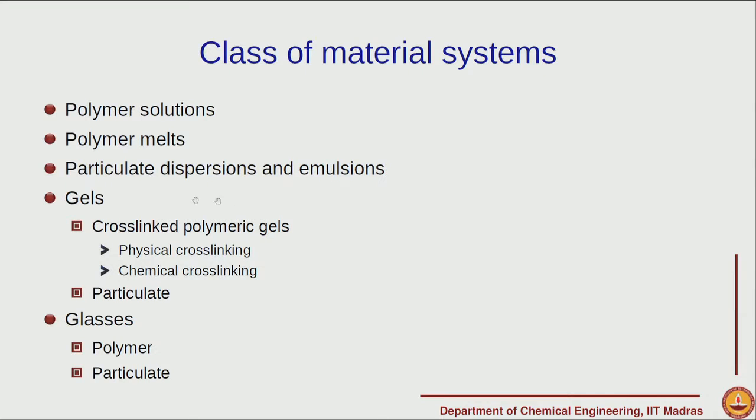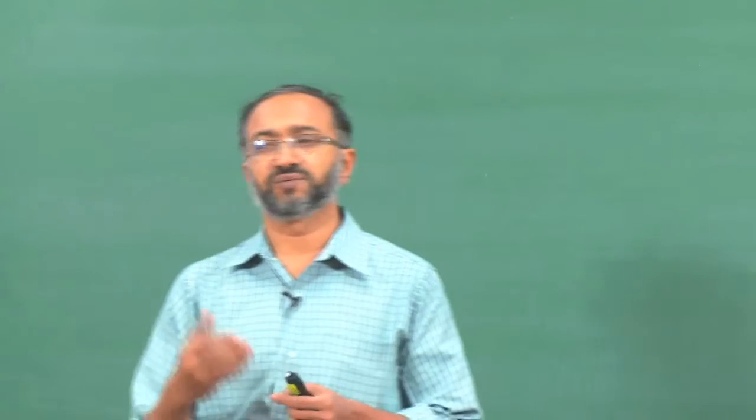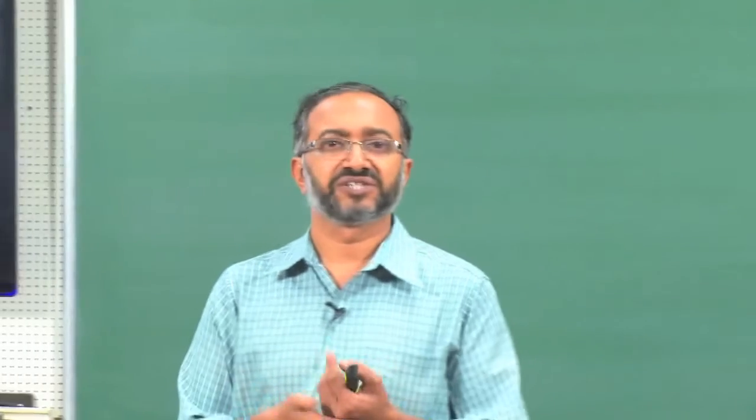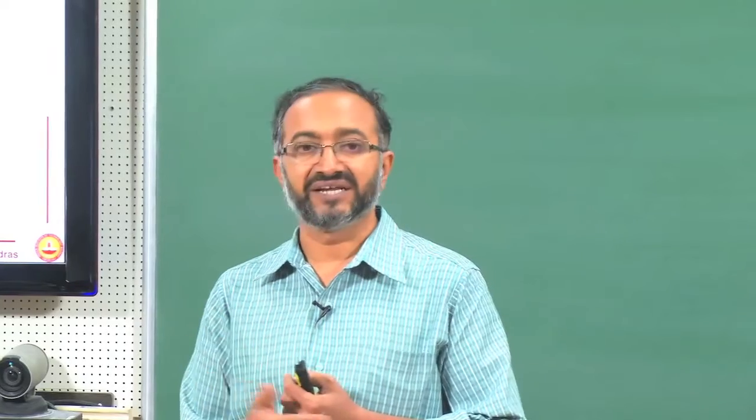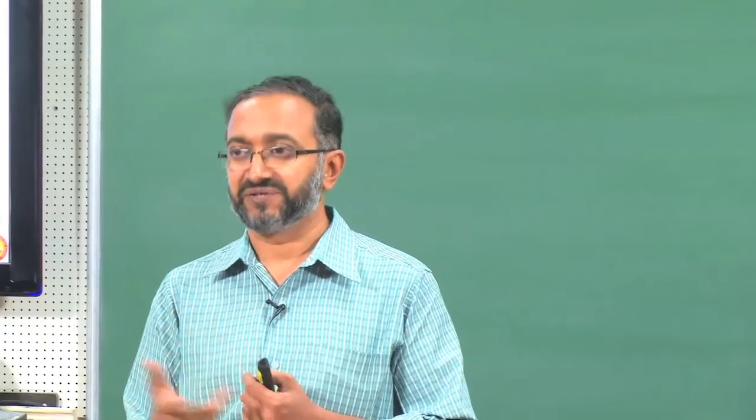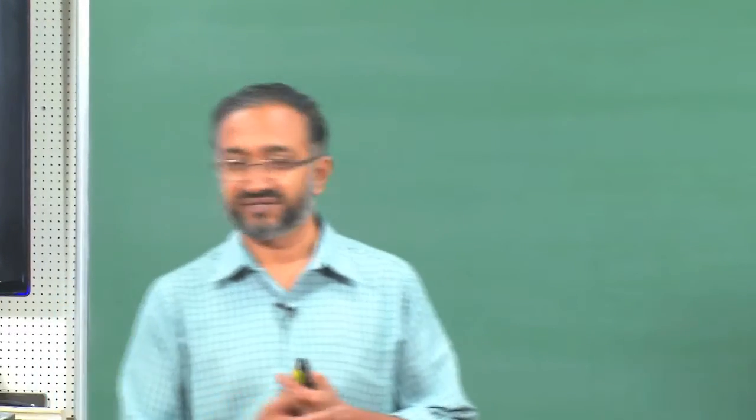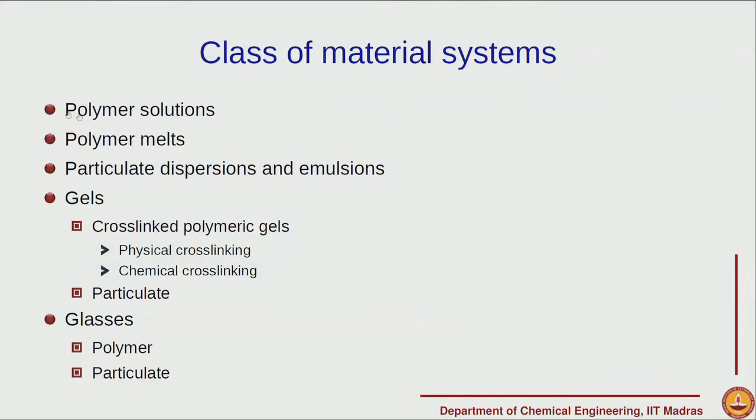And then we have a large class of material systems called gels. The idea of a gel is what we see, for example, in the kitchen with a jelly. It is largely solid-like material, but very soft. So it is a soft solid material, and gels can in fact be made from polymers as well as particles. Finally we have glasses.